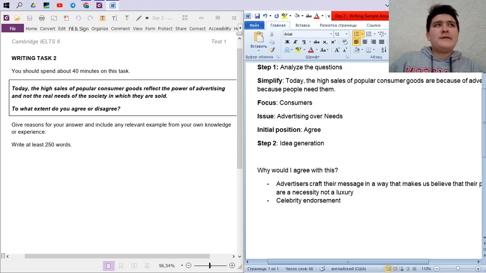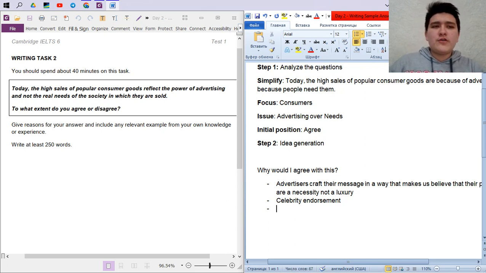For example, you have your favorite footballer advertising a popular consumer product, and then you want to buy it because it's your favorite celebrity. So in this way, you think that it's a need. But the main message here is advertising. Advertisers show that this is a necessity, not a luxury.